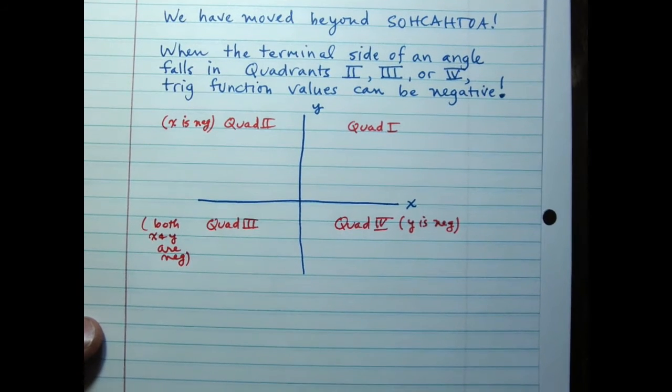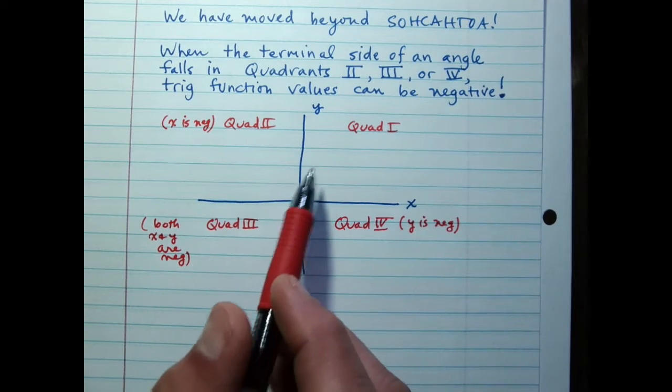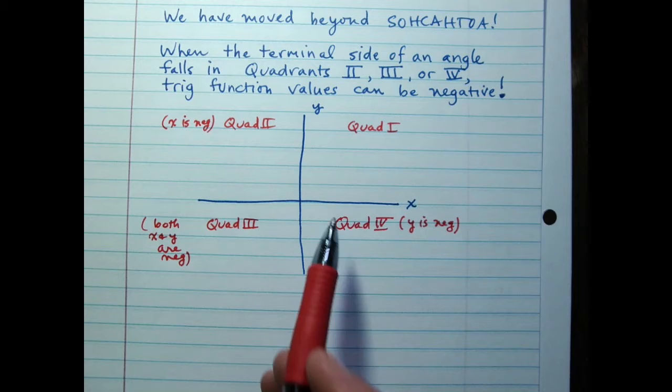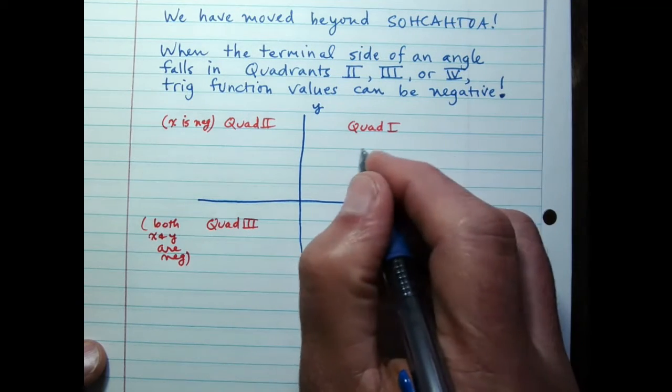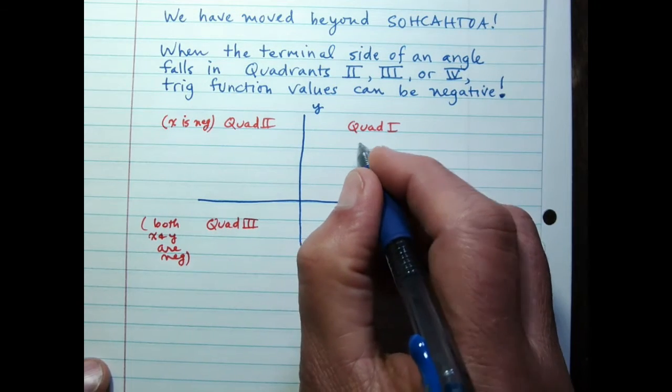And I feel like you don't have to memorize this because you should already have a feel for where x and y are positive and negative in which quadrants. But I just want to reiterate that. And some people do like to memorize these things.